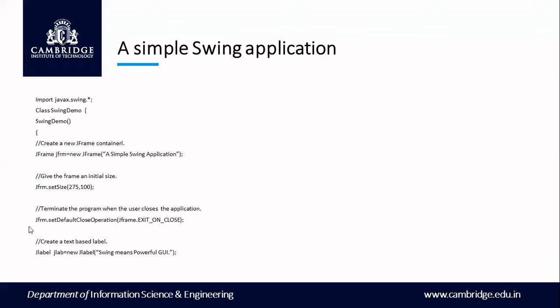Next, once the label is created, you should add this label to the content pane. Now you have to understand what this content pane is. That means in the container, whichever part has to be visible to the user, you have to add it to the content pane. What is the name of the container that you have created? jfrm, right?